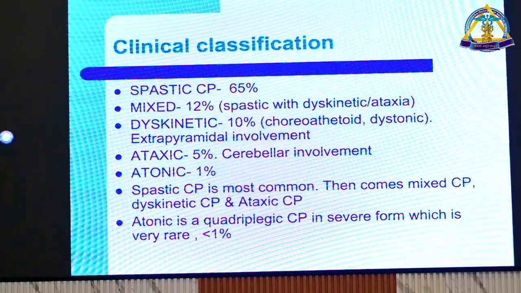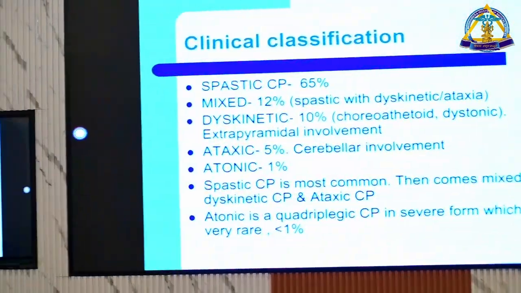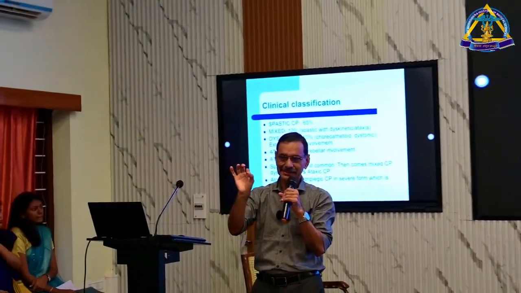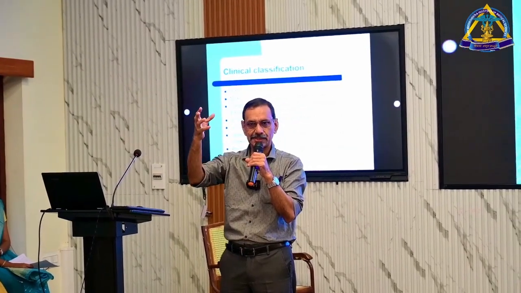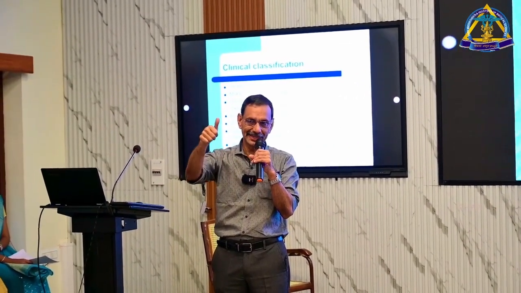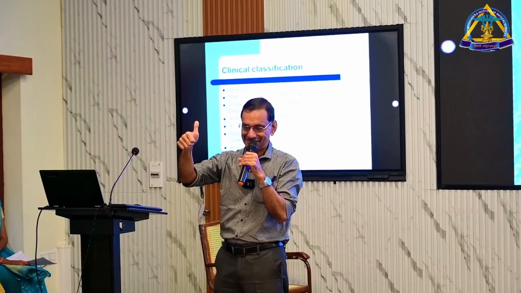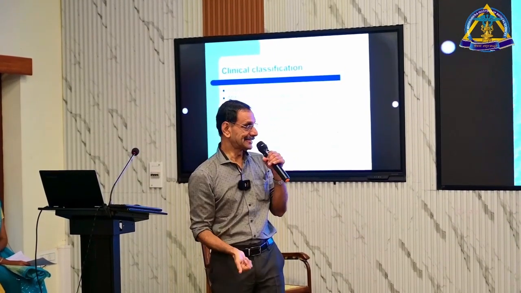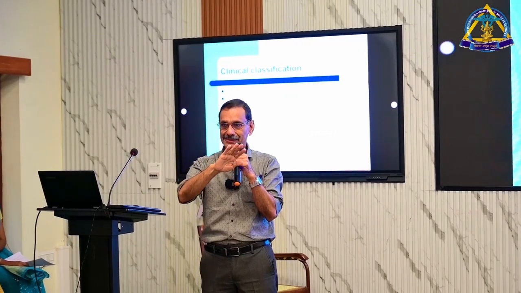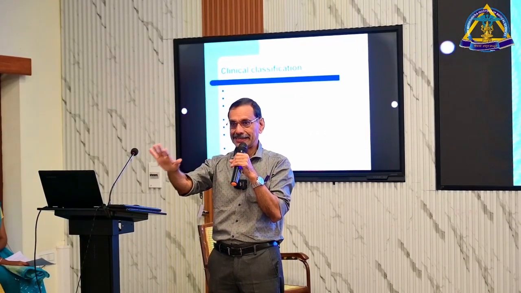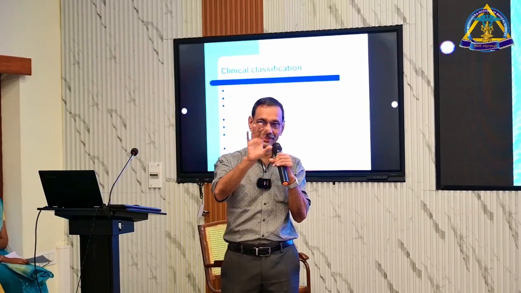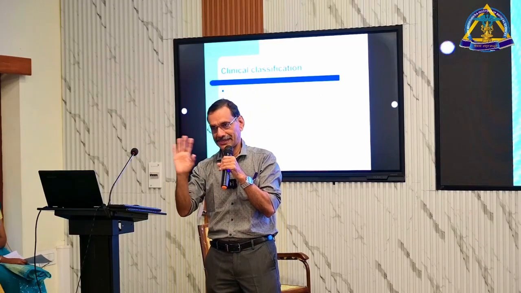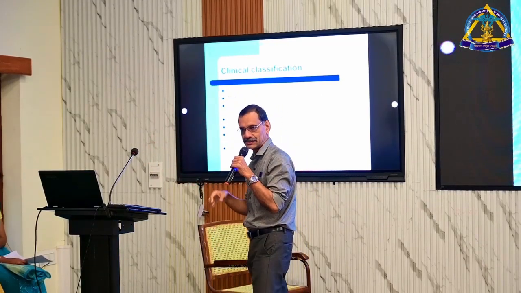Don't ever think of atonic cerebral palsy, but for theory you can just write there is something called atonic cerebral palsy where the tone is less, but you can have upgoing plantar and at times increased reflexes. So with that you must forget that. Don't ever introduce that term in your clinical examination. This is not for undergraduates, just in case you need it for theory.